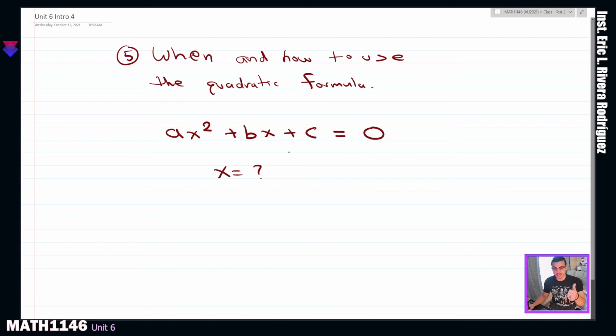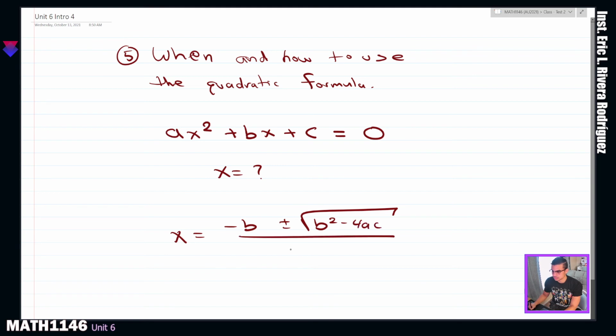So you need to have the standard form, and that equation needs to be equal to 0. That is the scenario where you use the quadratic formula to get the value of x. All right?